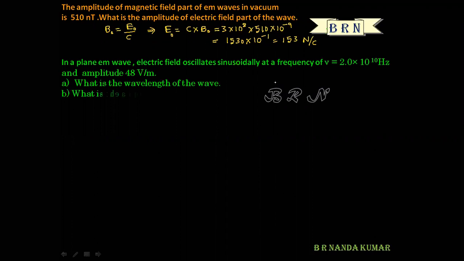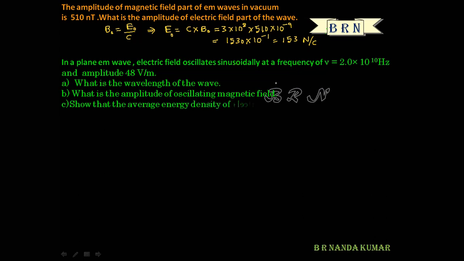First we have to calculate the wavelength of the wave. Second, what is the amplitude of the oscillating magnetic field. And finally, show that the average energy density of the electric field equals the average energy density of the magnetic field.